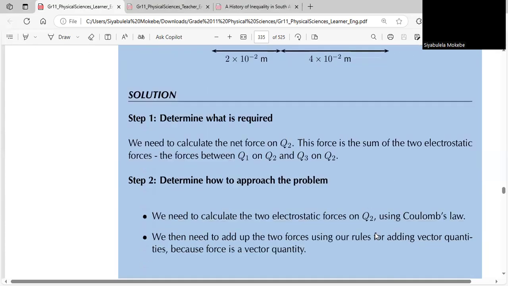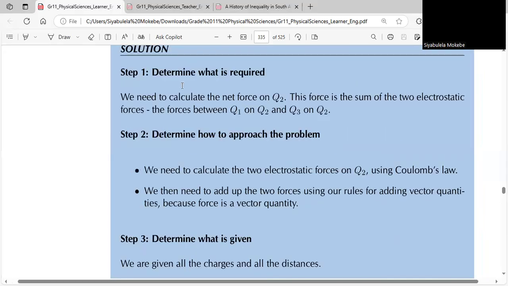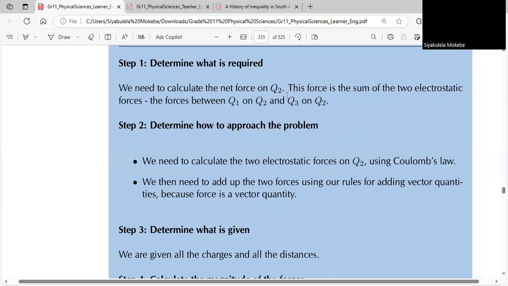All right, so we need to calculate the net force on Q2. This force is the sum of the two electrostatic forces, the forces of Q1 on Q2 and Q3 on Q2. Now we need to calculate the two electrostatic forces on Q2 using Coulomb's law. We then need to add up the two forces using our rules for adding vector quantities, because force is a vector quantity.